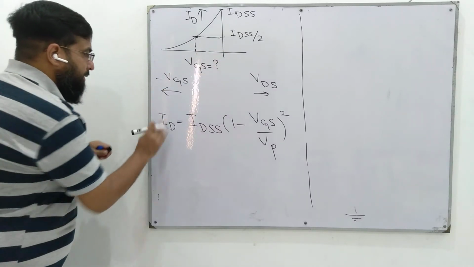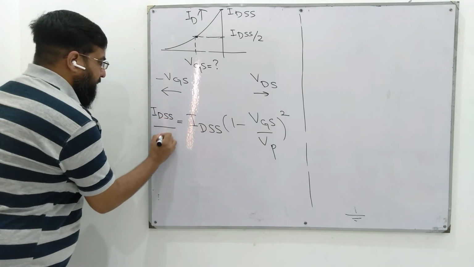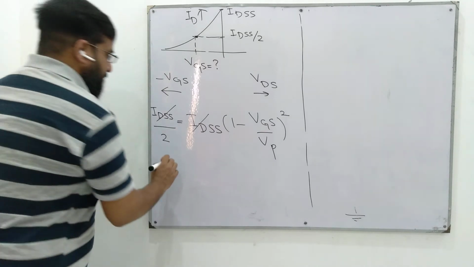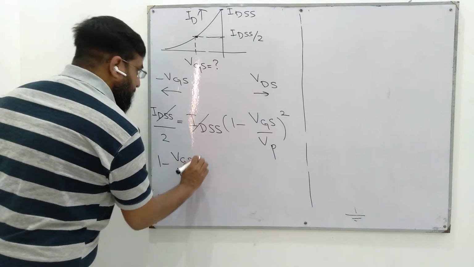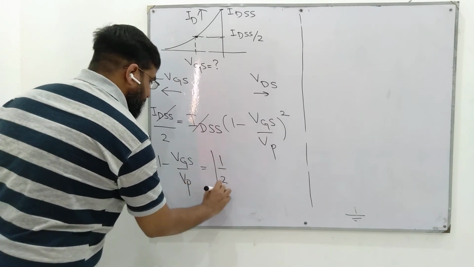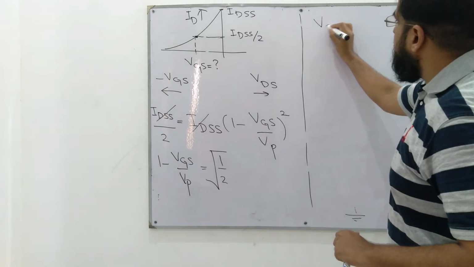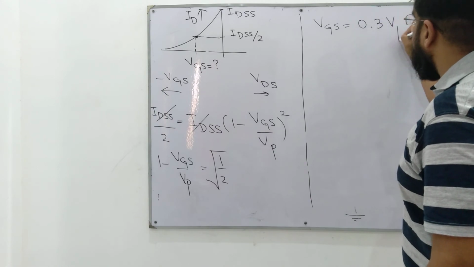So let's put ID equal to IDSS by 2. This IDSS cancels, and we have 1 minus VGS over VP equal to the square root of 1 over 2. Taking the square root on both sides gives us a VGS that is approximately 0.3 times VP.